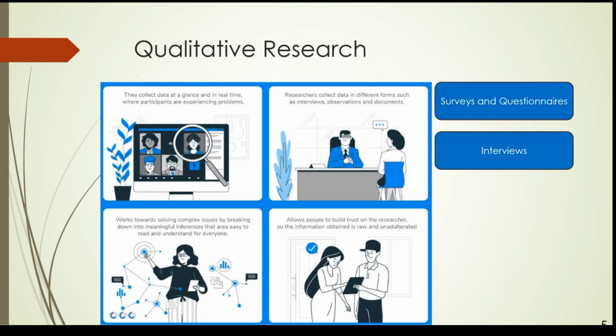So these data are collected and analyzed, and you make inferences to identify the pattern in the data, whether it has any significant interpretation or not.